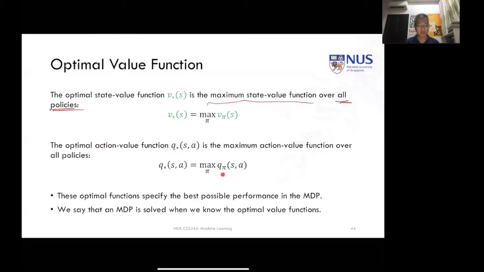These optimal functions specify the best performance that we can get in an MDP. If we can find this quantity, we can solve the MDP, because when we know the optimal value function, we can derive the policy in a very straightforward manner.